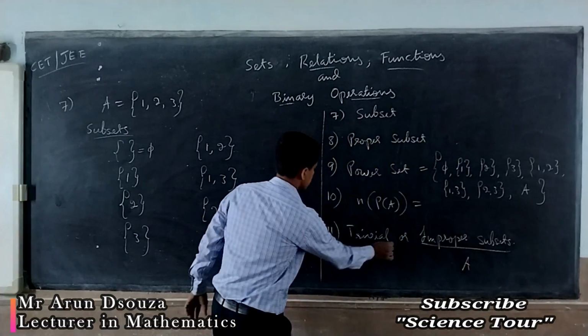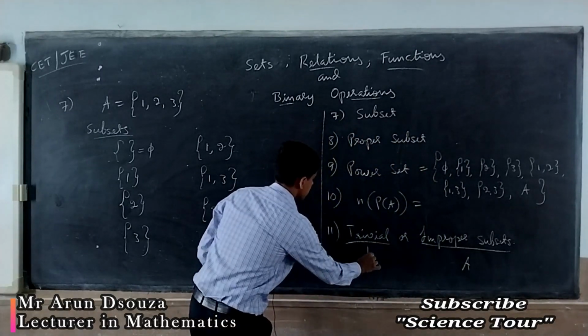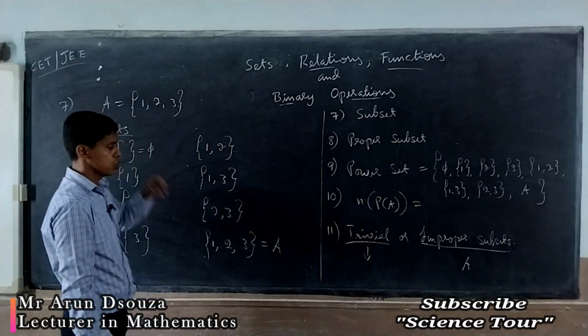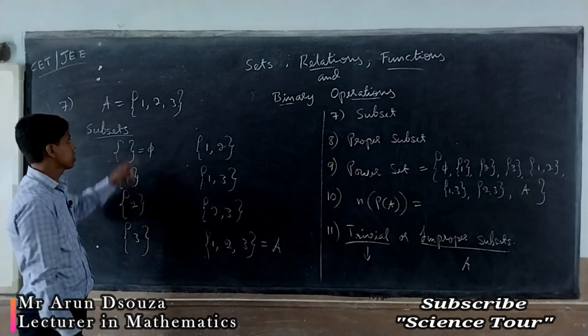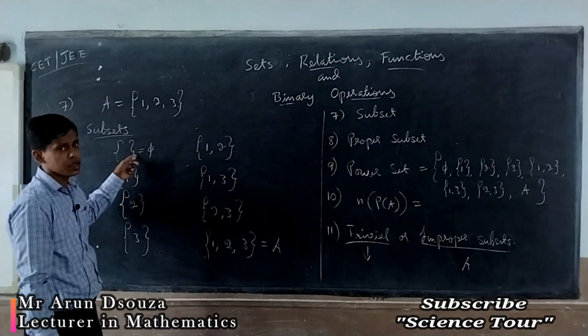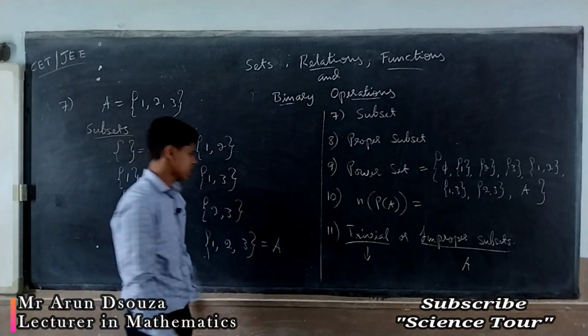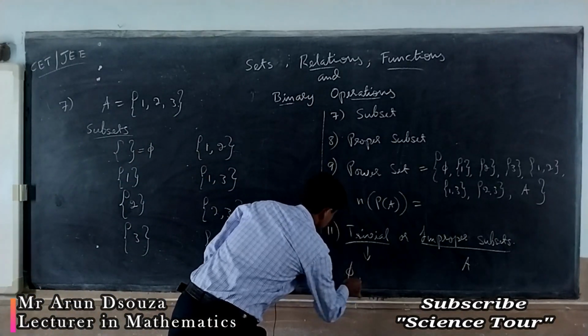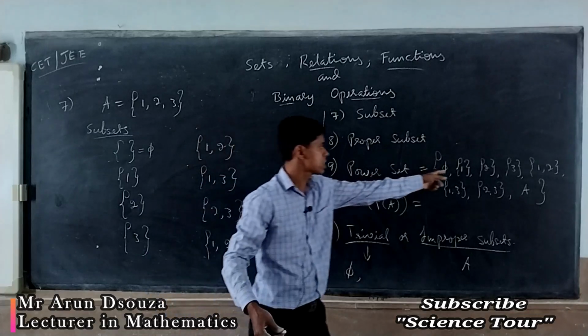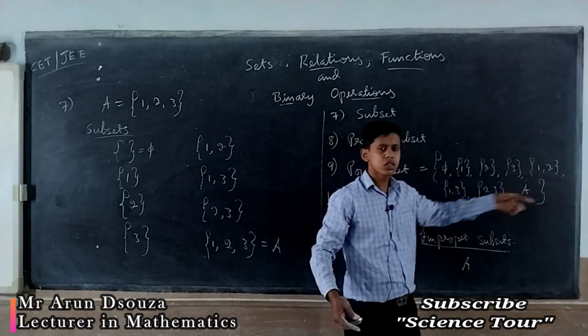But when it comes to trivial subsets, they are 2. So which subsets are trivial? One is the empty set. It will be a subset of all the sets. You write any set, phi will always be there in the power set, and the full set also will always be there.